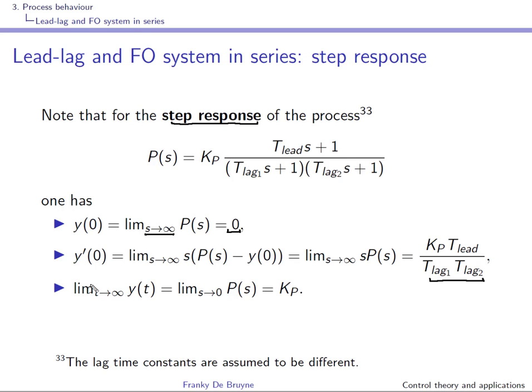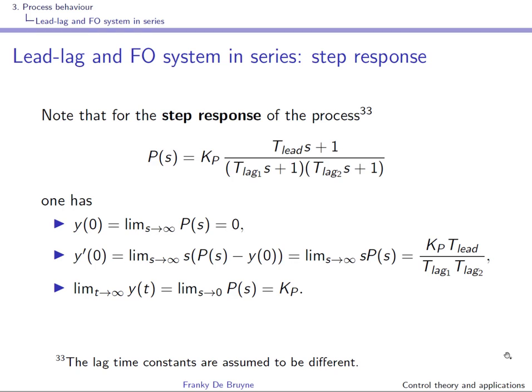And of course the steady state behavior, since we're considering a unit step response, is that when t is tending to infinity, the step response will go to the steady state value of kp.